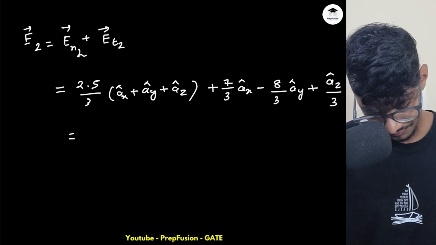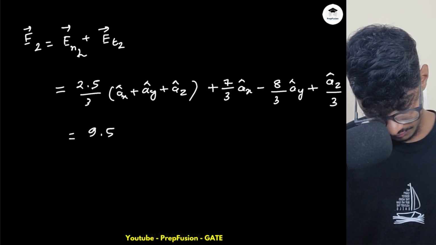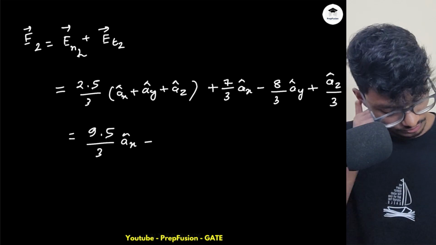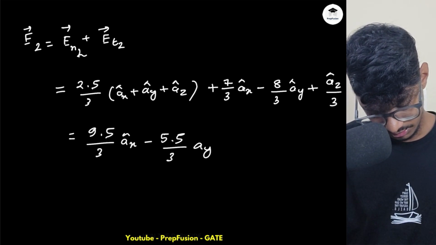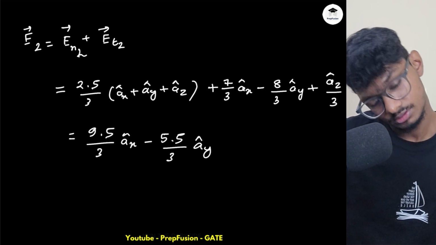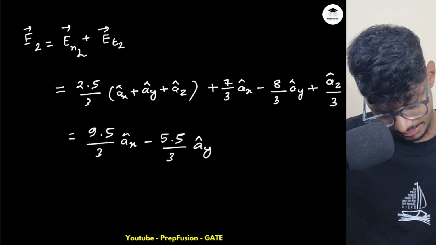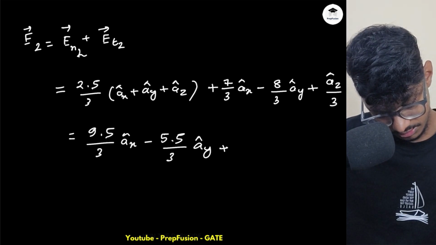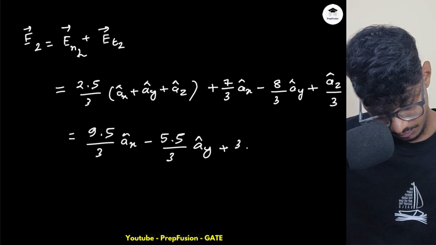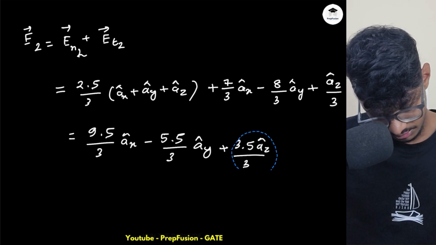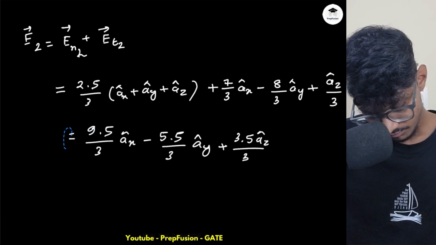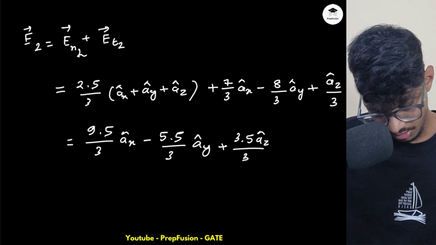So if I just add things up, this one will become 9.5 by 3 ax, and minus, this one will become 5.5 by 3 ay, and plus 3.5 az by 3. Okay, so this one becomes E2.